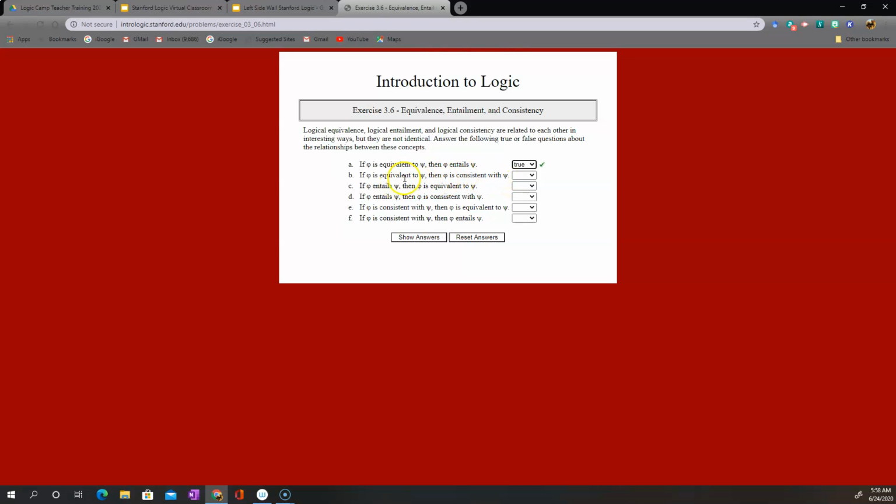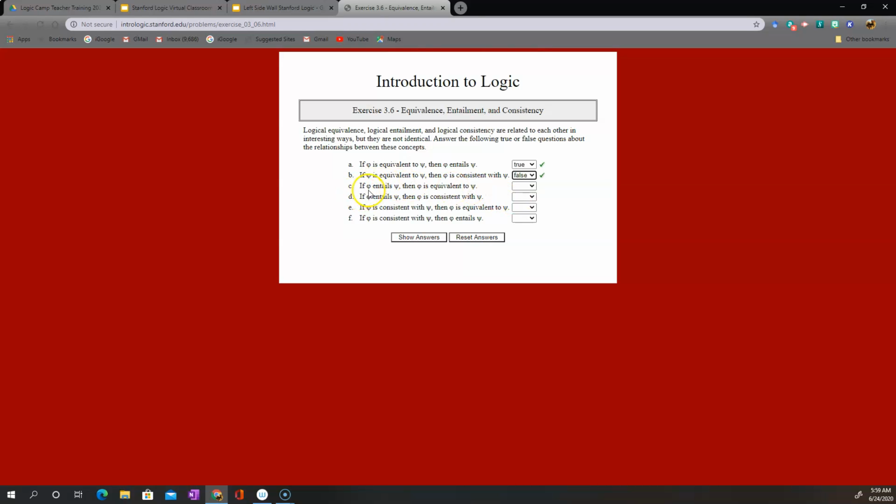Okay, at first you might be thinking, just like in A, equivalence is a stronger requirement than consistency, but in the one special case where phi and psi are both unsatisfiable, they're equivalent because all of their truth evaluations are false, and so that makes them equivalent, but they can't be consistent because consistency requires at least one truth value assignment that makes both of them true simultaneously, and so they can never be true simultaneously in the special case of two unsatisfiable sentences, then I'll call that false.